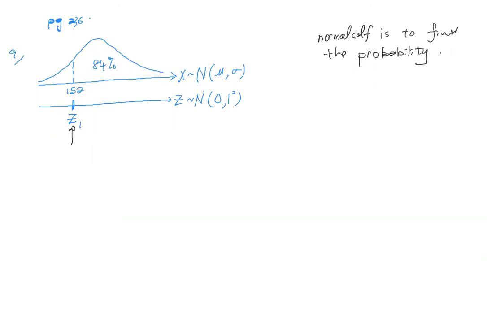So now, in this case, is the probability given to you? It is given to you, correct? This is given. So can I use normal CDF? I know the probability already. So you tell me how to use the normal CDF to get Z1?